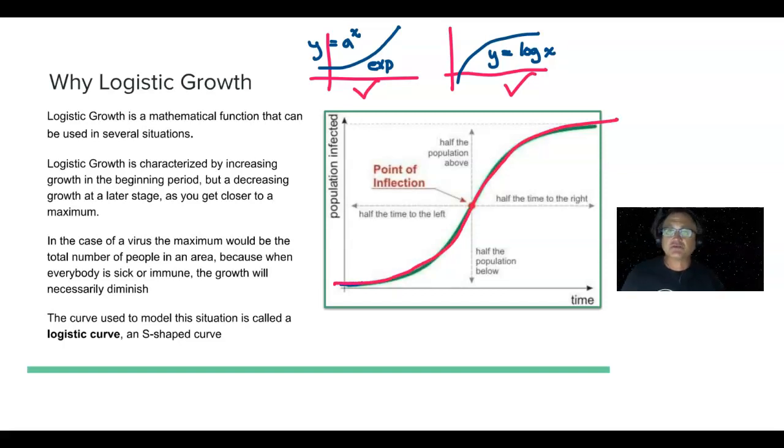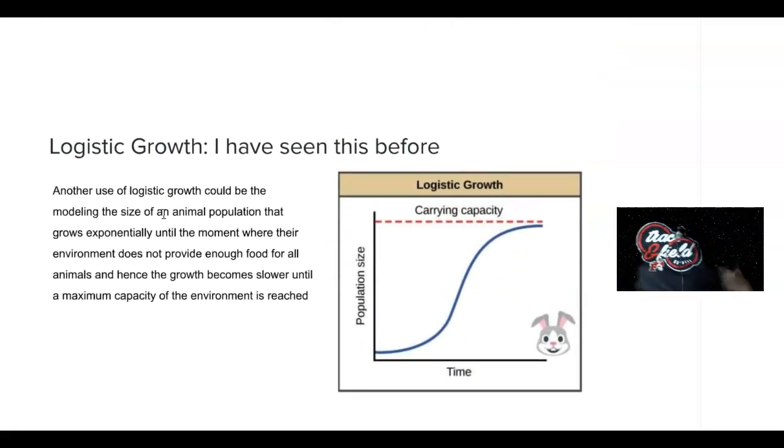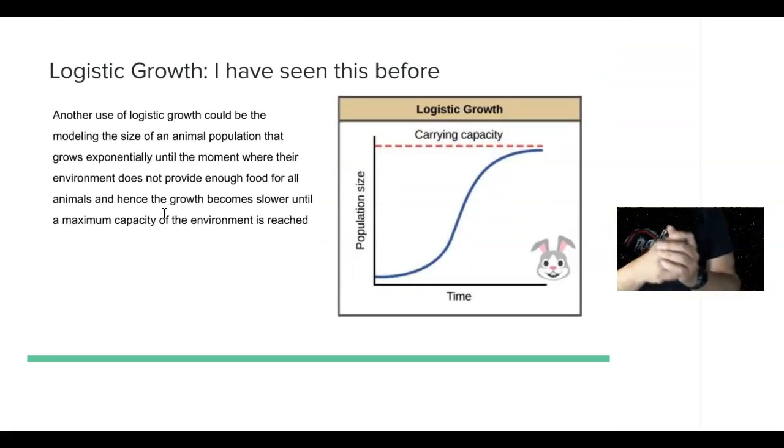Now, you've seen this growth before, probably in a science class if you were learning about population. All right, a population will grow exponentially until the population becomes large enough that the carrying capacity of the environment starts to slow down the growth.